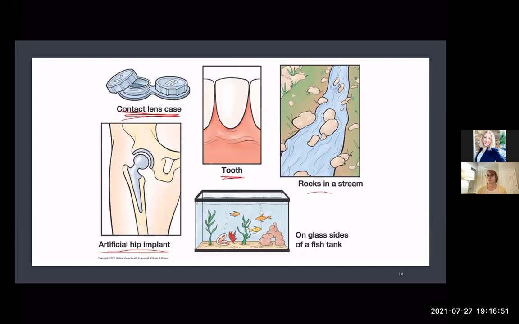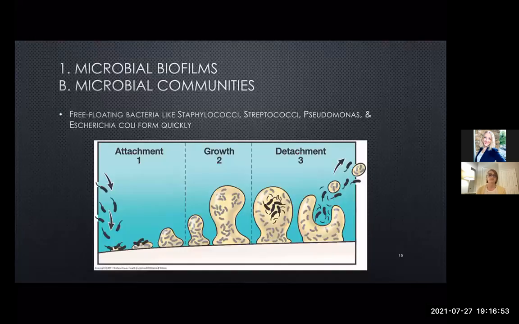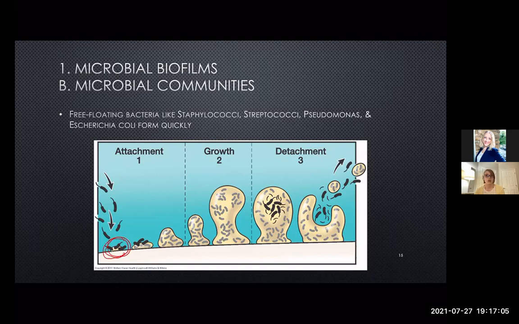Bacteria starts to form on the tooth surface. So here's a really good illustration of what it looks like. We've got some sort of free-floating bacteria, and eventually it's going to land and attach. Once it attaches, we start to get this secretion of extracellular matrix, and that's what's keeping these bacteria in a colony together.